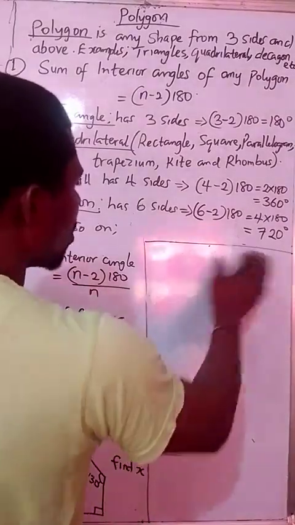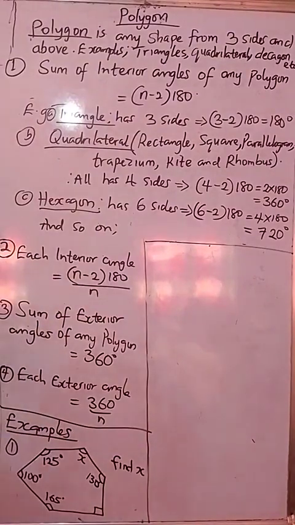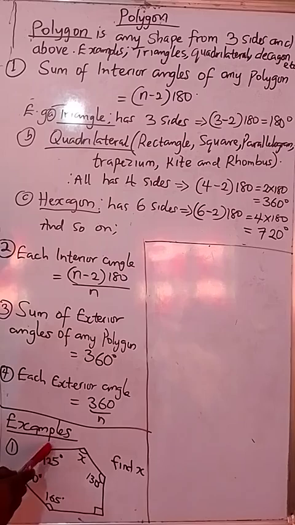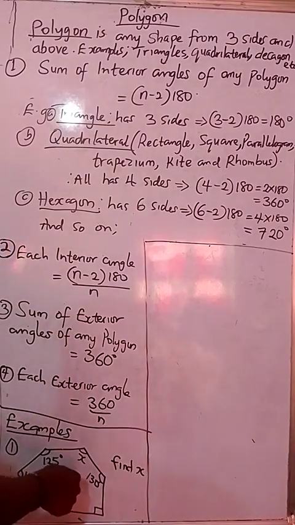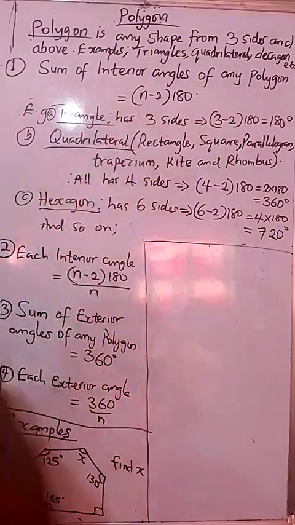Alright, so we have this question. How many sided shape? 1, 2, 3, 4, 5, 6. So this is an irregular hexagon. Remember the formula for the sum of interior angles in a polygon is (n minus 2) times 180.